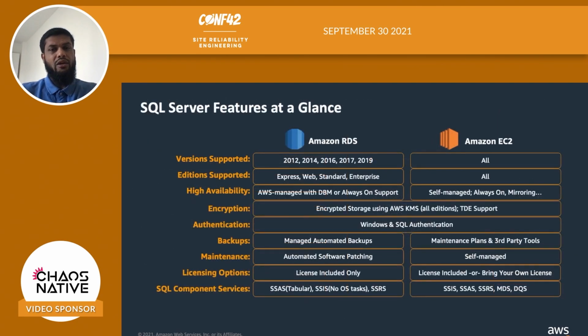We'll just look quickly at the features on both sides. EC2 is supported with either BYOL, bring your own license, or pre-configured AMIs. That is basically virtual machines, or pre-configured options. The pre-configured options will not have as many versions or editions supported as a custom build solution that you might build yourself.